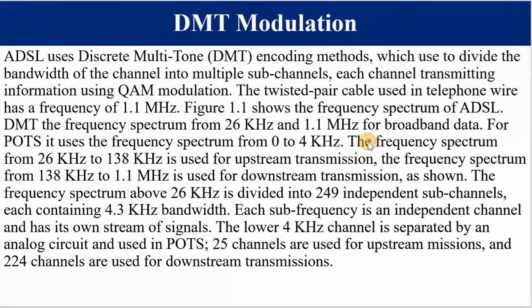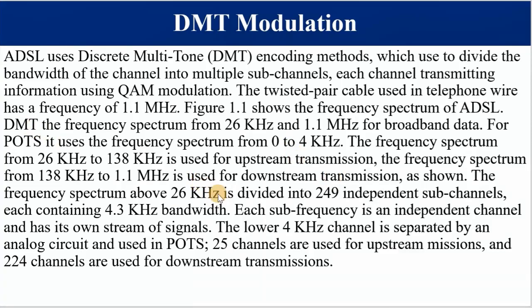And so we are saying the frequency spectrum from 26 kilohertz to 138 kilohertz is our upstream transmission channel, and from 138 kilohertz to 1.1 megahertz is our downstream channel, as shown in the previous slide.